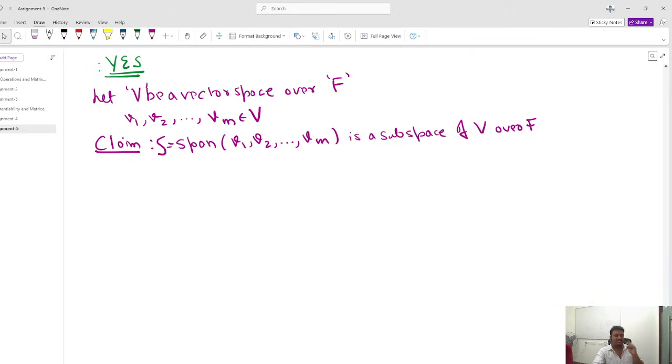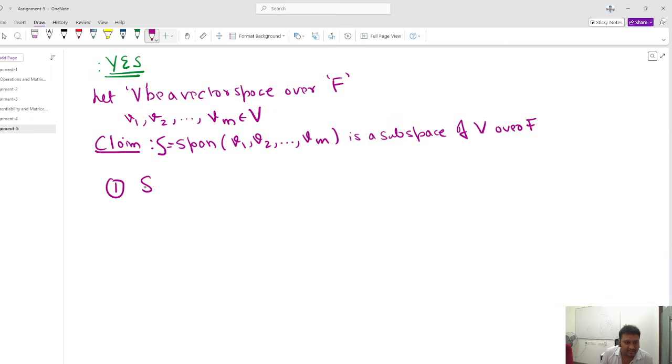To see something is a subspace, you have to check just three properties, right? One is that it's non-empty. Another is it's closed under addition, and it's closed under scalar multiplication. Just those three properties.